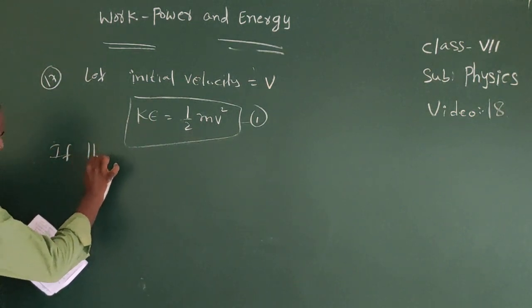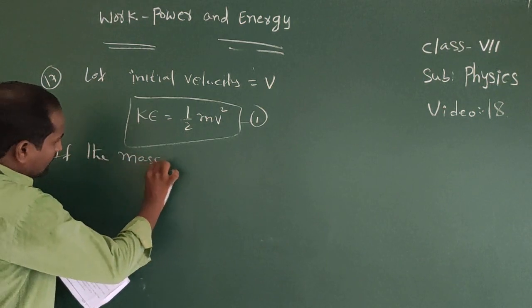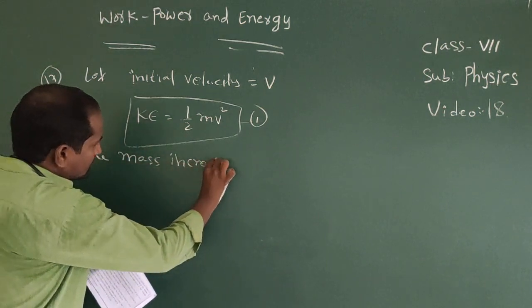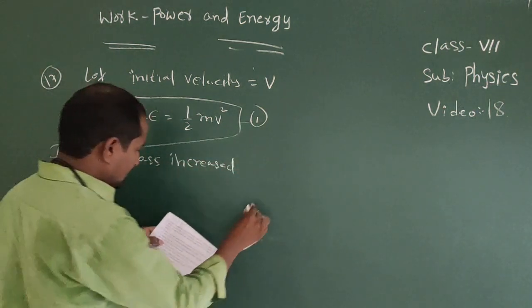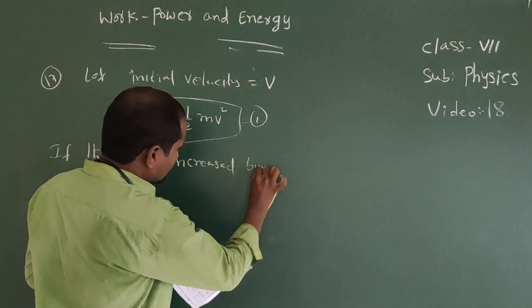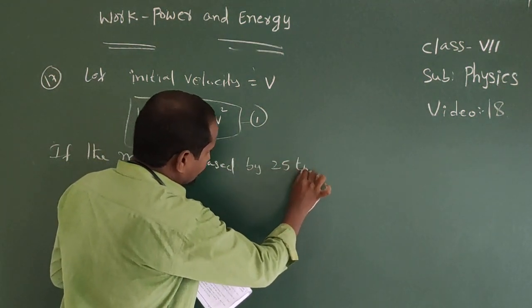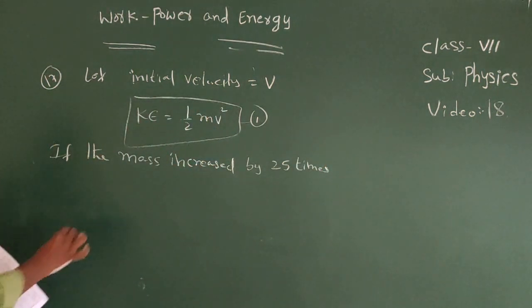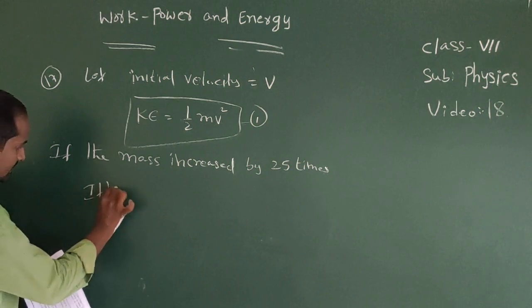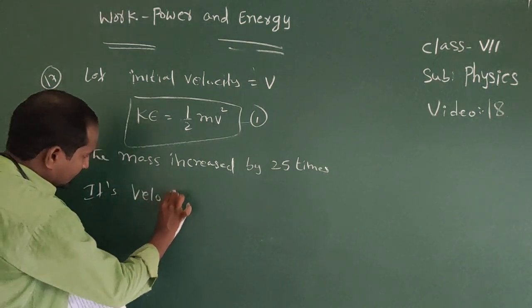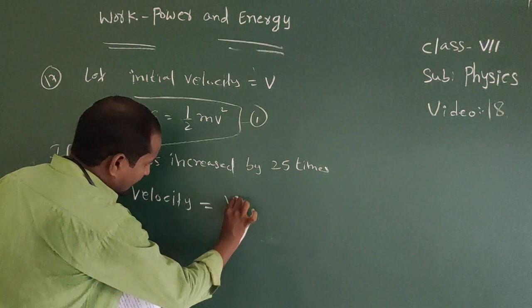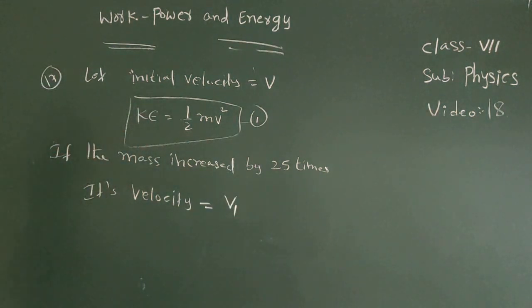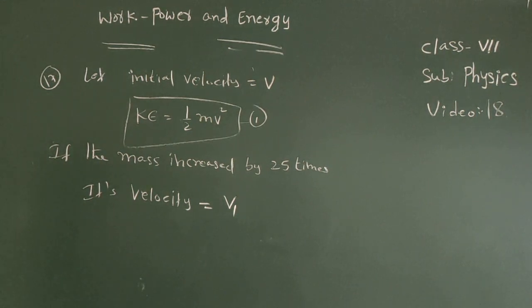If the mass is increased by 25 times, then its velocity we can write as V1.